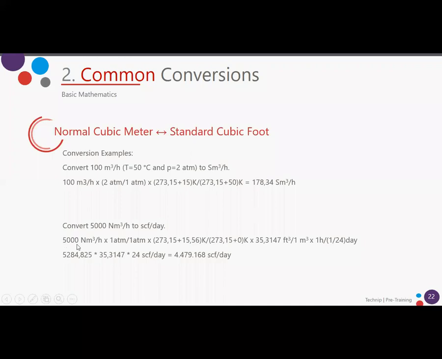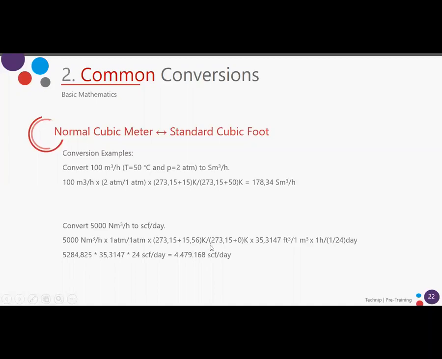We multiply our 5,000 normal cubic meters by the ratio of the pressures at normal cubic meter and standard cubic foot. And as we saw, they are both expressed at 1 atmosphere. So the ratio is actually 1 here.